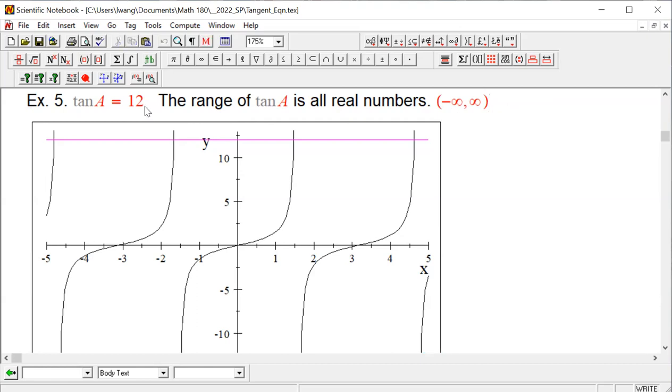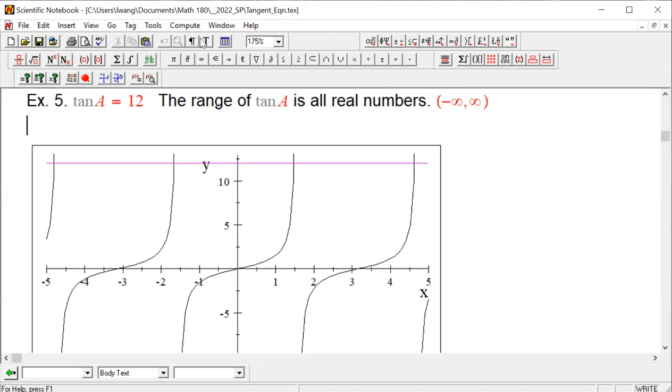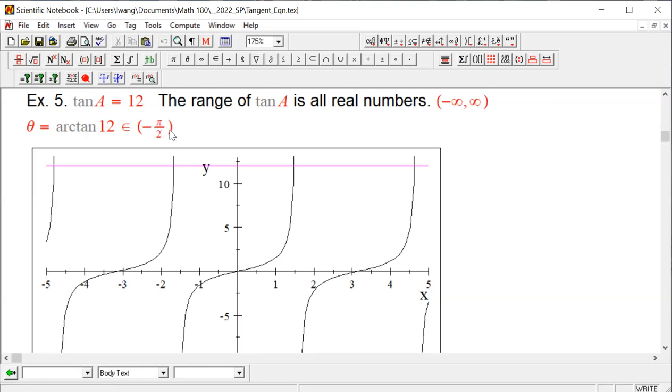And since this is a positive ratio for tangent, we're going to introduce theta equals arctangent 12, and this is going to be an angle between negative pi over 2 to pi over 2. In particular, it's going to be from 0.